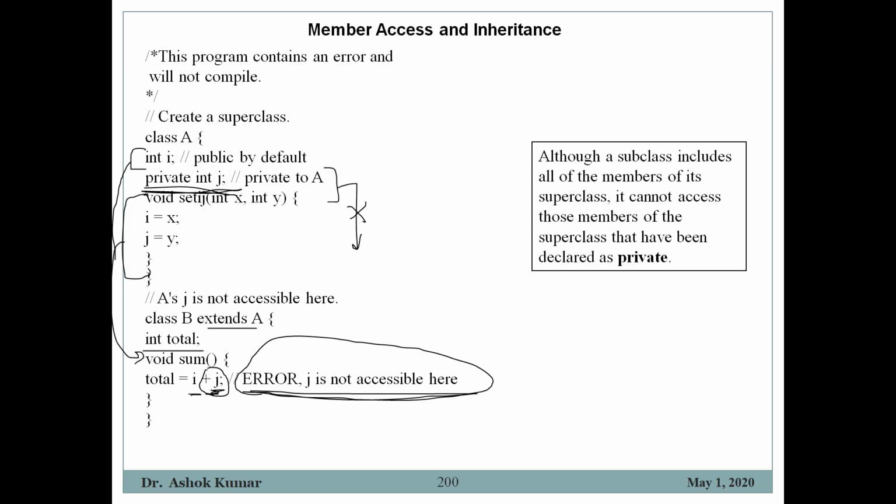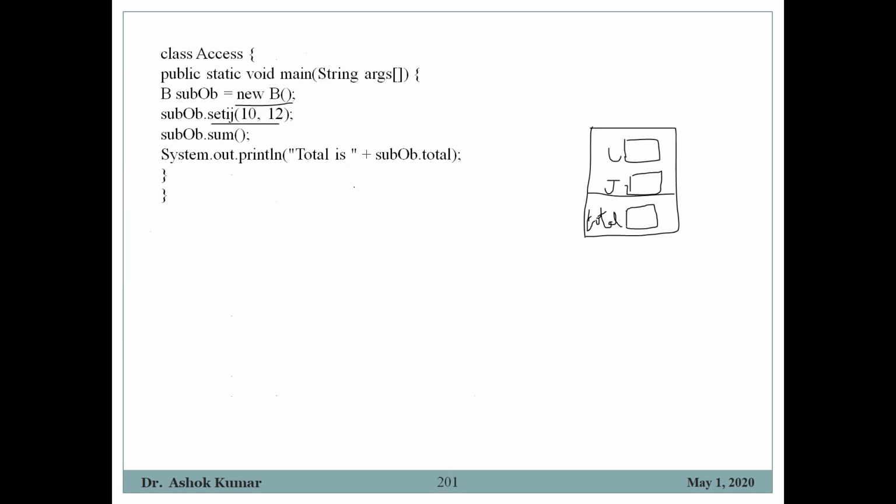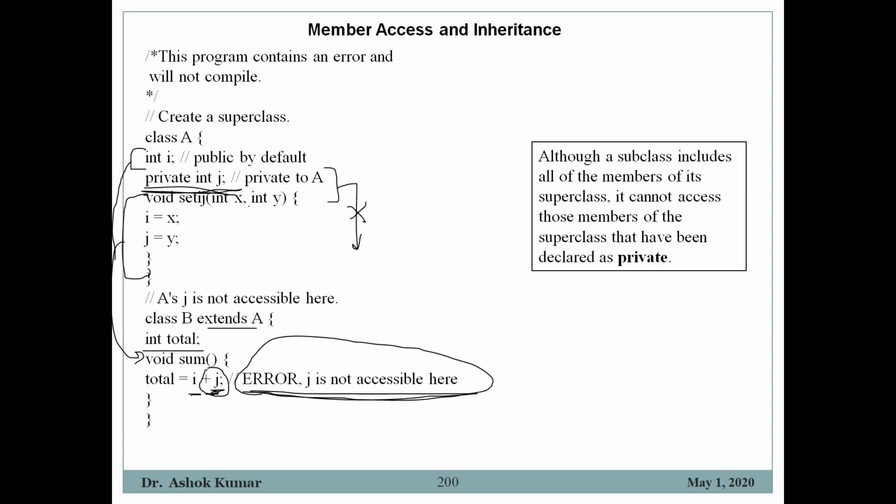So this we are calling with the subclass object and passing 10 and 12 to x and y. So these are 10 and 12, and this will assign the value of x, 10, to i and 12 to j.